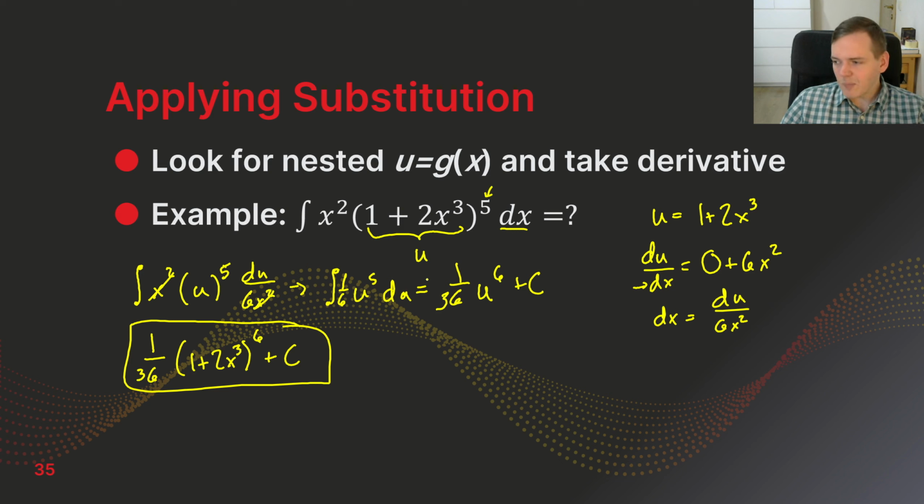To recap this real briefly, and then we'll have some more examples. If you think you might be using u substitution, the only way to know is just to try it and see if it works. What you'll want to do is find a piece, like I said here, this 1 plus 2x cubed, and then just start working it out. U equals 1 plus 2x cubed, du by dx is whatever the derivative is, solve for dx, plug things in.